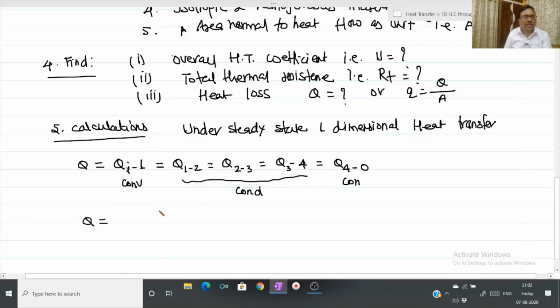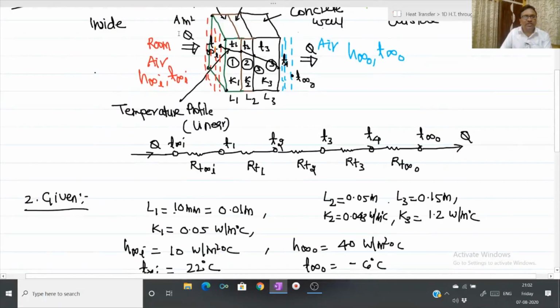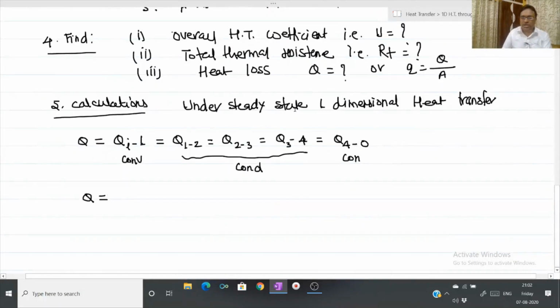So how can I write Qi dash 1? It is nothing but rate of heat transfer from hot fluid to the left face by convection. And Newton's law of cooling is for convection, hA delta T. So I can write in this fashion, h infinity i into area Ai.